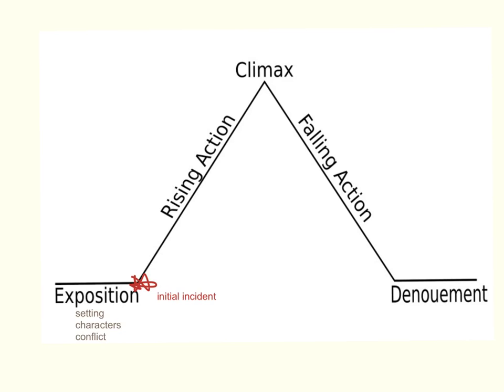Now, rising action can be a nice straight line like this to the climax, or sometimes the rising action might go more like this, with each incident building up to a higher point in the book. The climax then is going to be the emotional high point of the book, where the problem that we've been facing throughout its entirety is solved or starts to be resolved in some way.